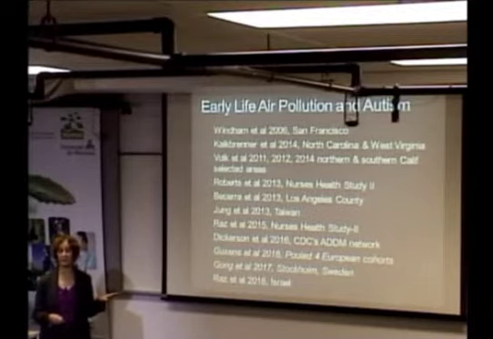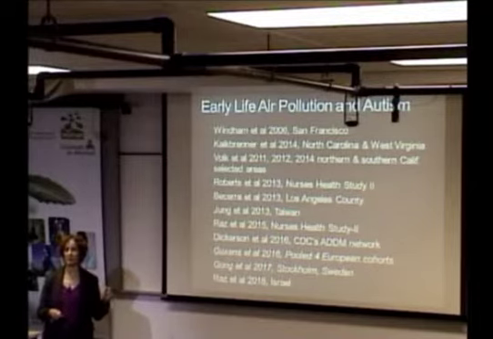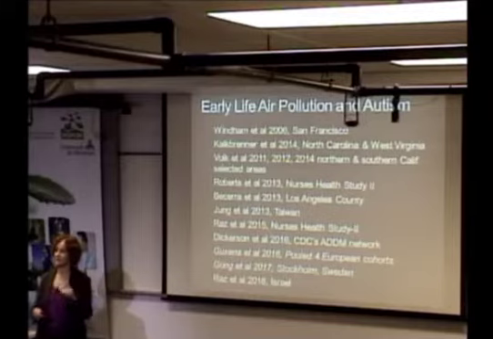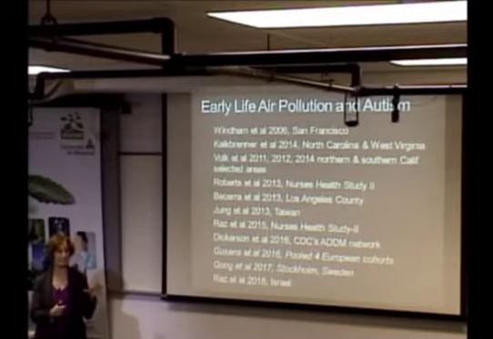However, I think there's another way to look at this, which is that it may well be that we're talking about susceptible populations to the air pollution, and that these socio-demographic factors are actually potentiating the impact of the air pollution, and that we really, again, going back to those causal pies, we really need to look at the complex of exposures.